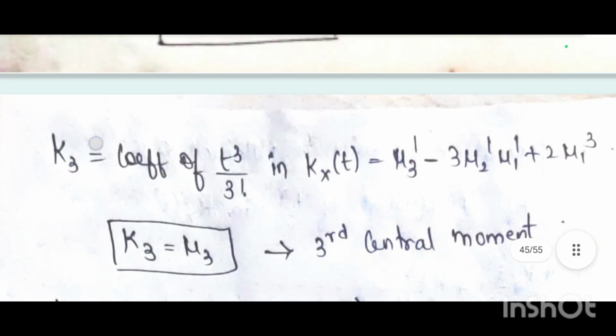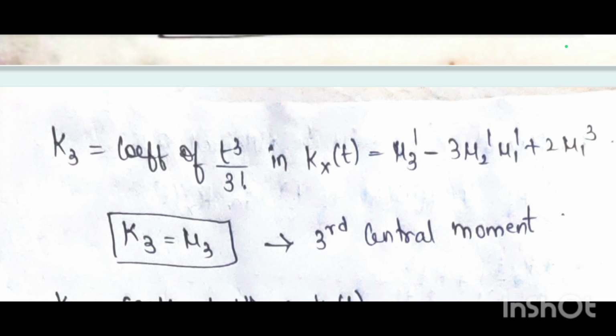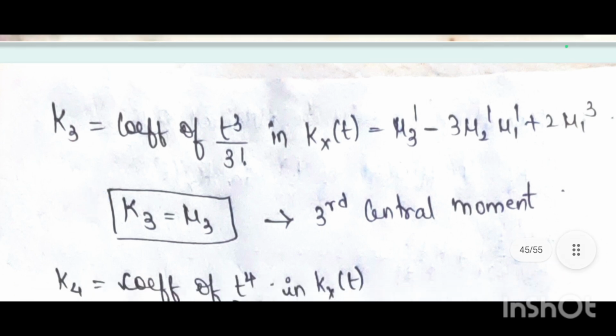K2 is called variance. This is equal to mu2. Next, K3 is equal to the coefficient of t cube divided by 3 factorial in Kx of t, which is mu3 dash minus 3 into mu2 dash into mu1 dash plus 2 mu1 dash whole to the power of 3. So K3 is like this.